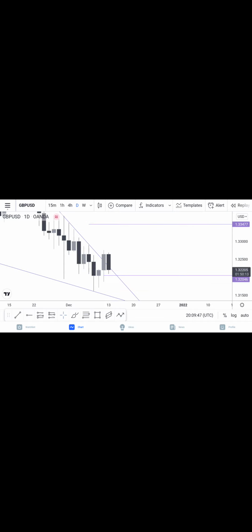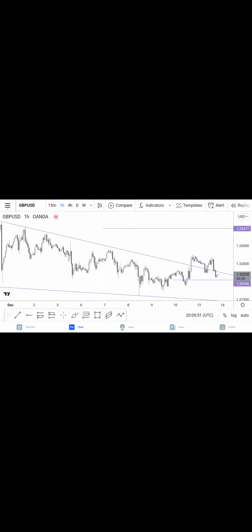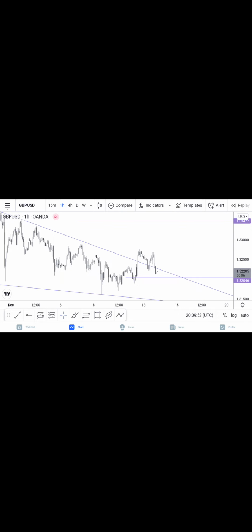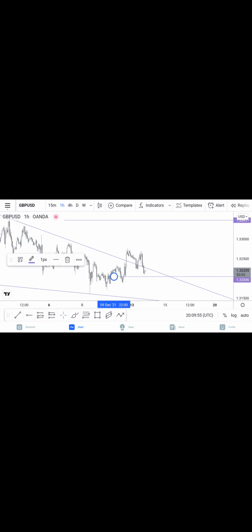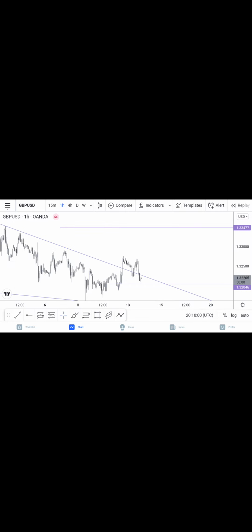Let me delete the Fibonacci, and then we go back to 1 hour, and then you see something. So you see we have an M here. This is now our 38.2 Fibonacci level, right? So I could say that by tomorrow Tuesday, price is already respecting this level. But I could also say that by Tuesday, for the sake of stop loss chasing, price will come down to this level here.